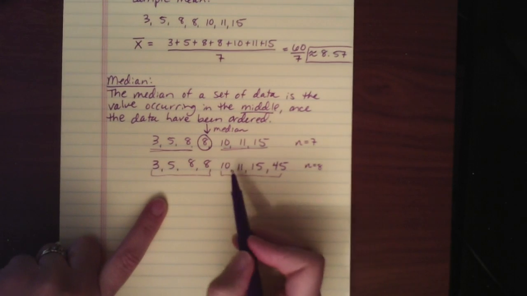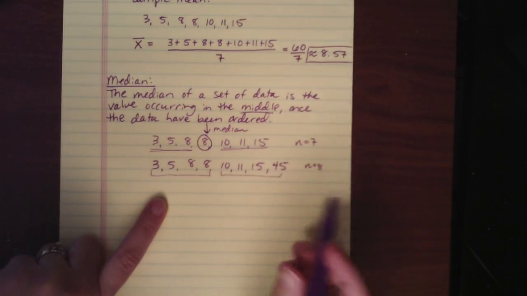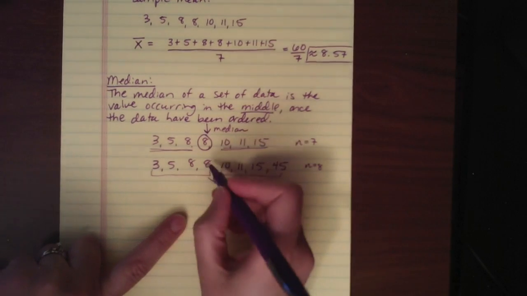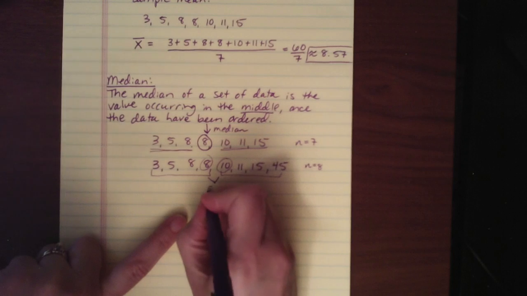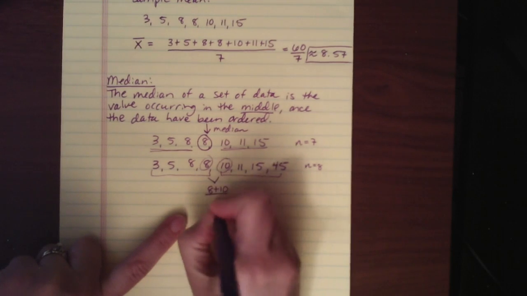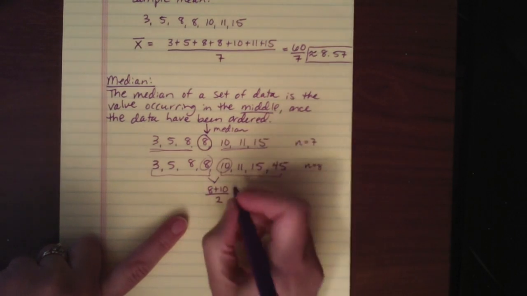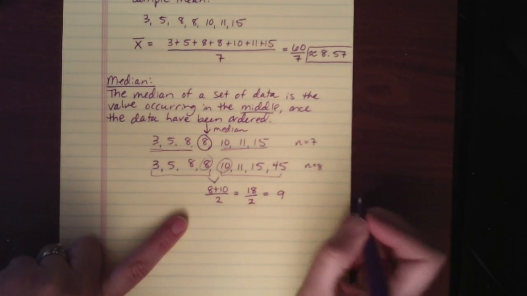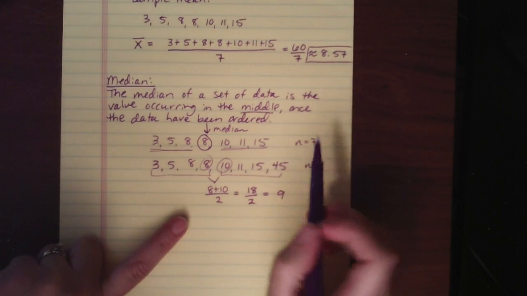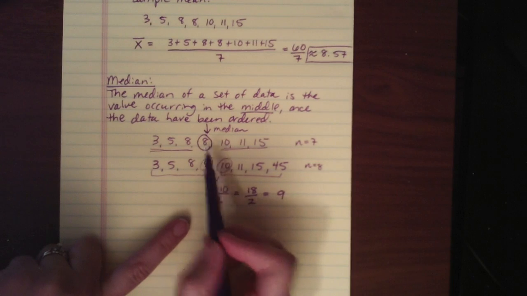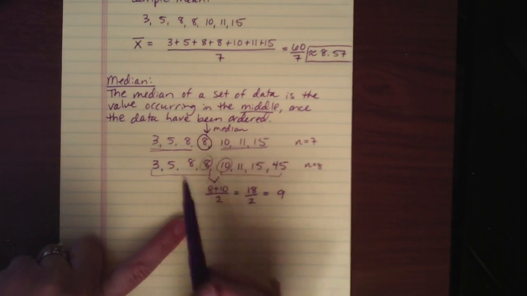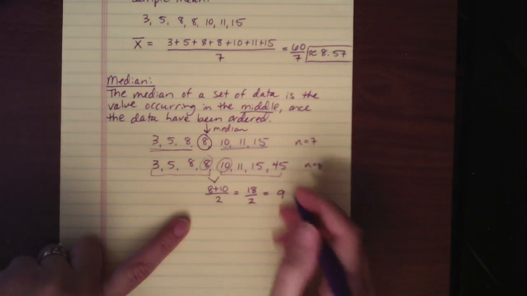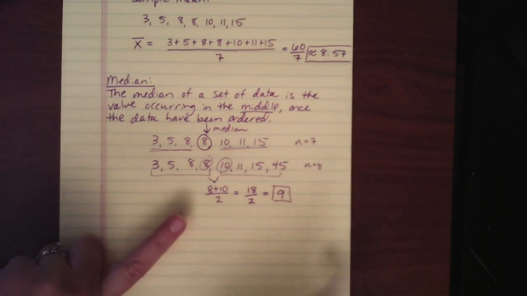Here's the upper half, 10, 11, 15, and 45. And you find the mean of the middle 2 values. So we would take those 2, add them together, and divide by 2, which gives us 18 over 2, or 9, for the median. Okay, so when we had an odd set of data, we grabbed the one in the exact middle. When we have an even number of pieces of data, we take the mean of the 2 middle pieces to get the median.